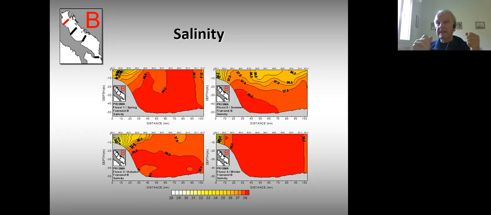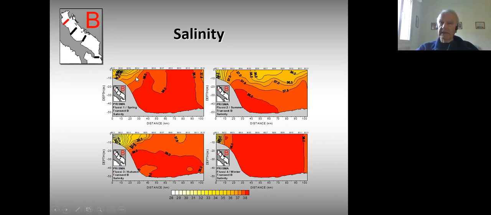Therefore, when we see high salinity, that means that there is no influence of fresh water. On the other hand, when we see patches of fresh water, or lower salinity, that would mean that there is an influence of the fresh water.